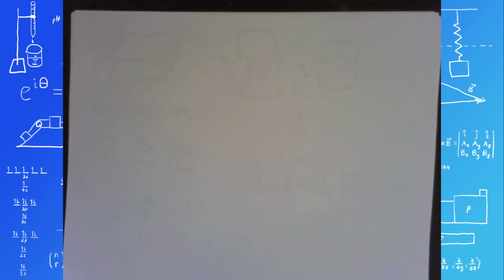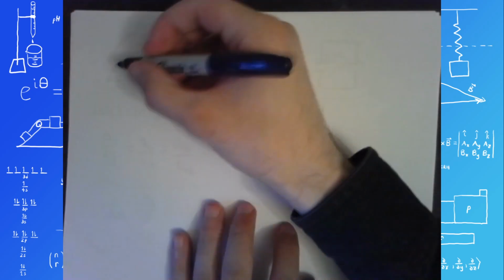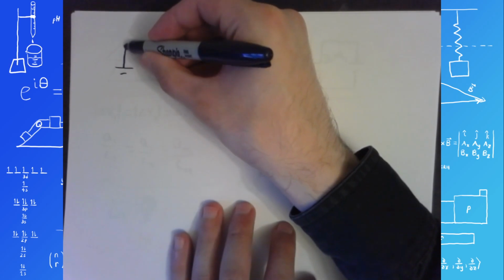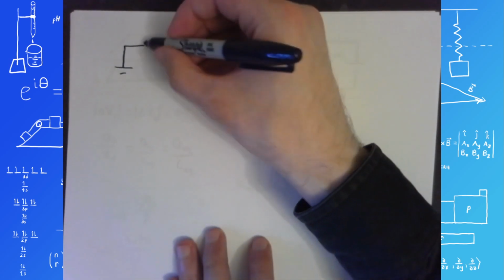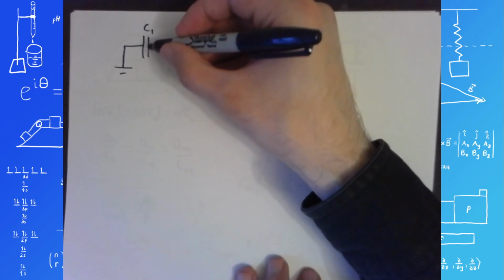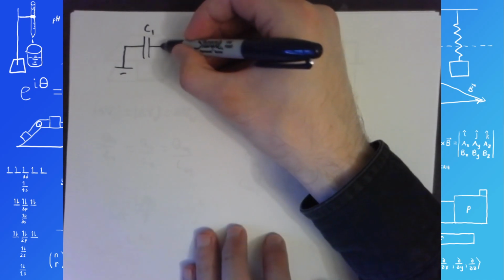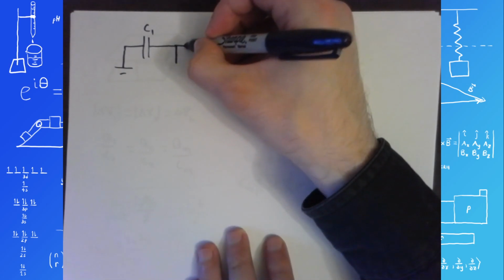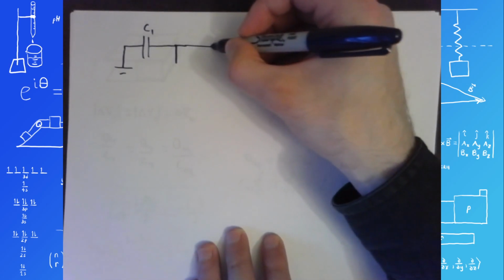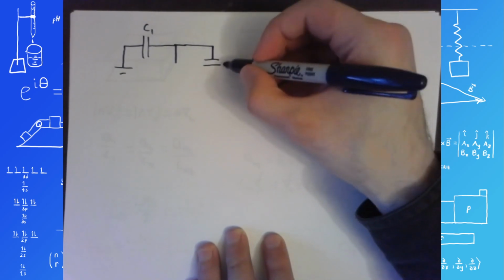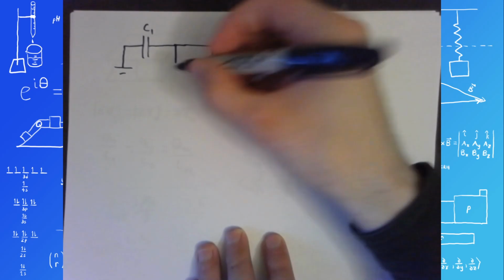Anyway, I'm just going to copy what they have, and I'll create my own problem out of it. So they have a battery connected to capacitor 1, which is then connected to a branching point, and on this branching point we have capacitor number 4.